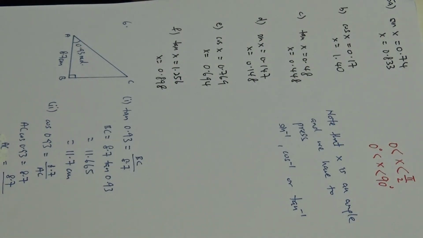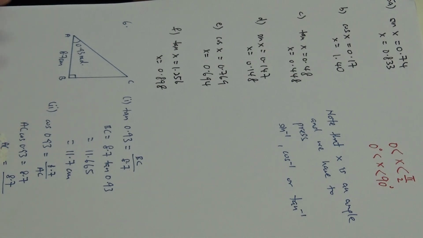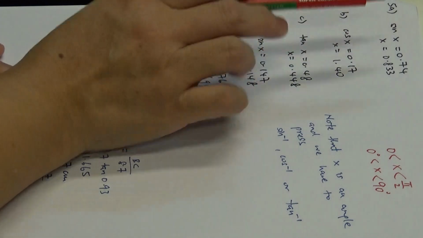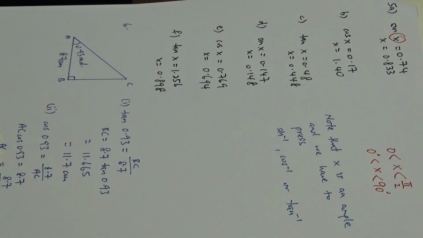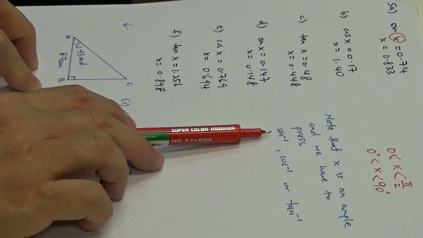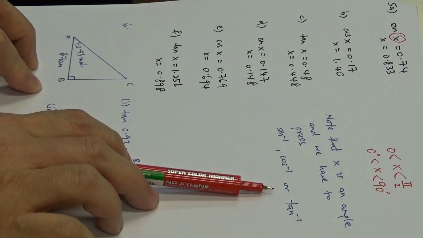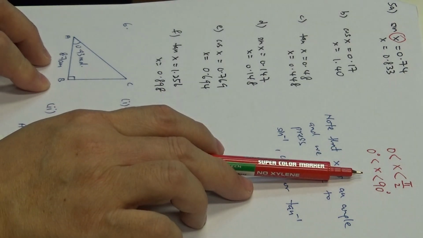Okay, but because the question wants it in radian mode, we have to give it in radian mode. Now note that in this case here, x is an angle, sine x. So x is an angle and we have to press sine inverse, cosine inverse or tangent inverse for the answer. Just like when we do it in degree form.